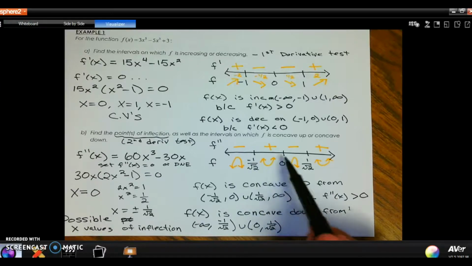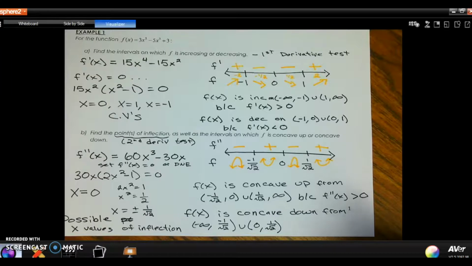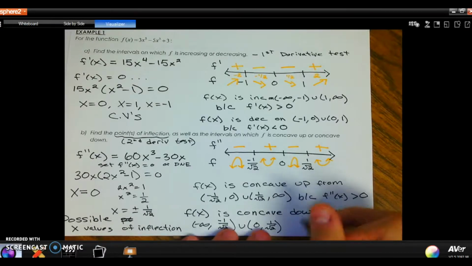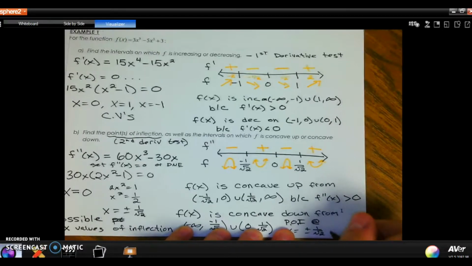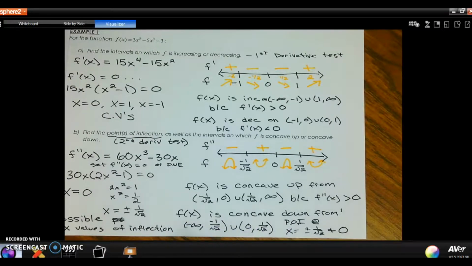Because you actually changed concavity at all of those possible points of inflection, you have points of inflection. So points of inflection, I'm going to abbreviate with POI. Points of inflection at x equals plus and minus 1 over square root of 2 and x equals 0. So because they actually all changed, those are all points of inflection, or all x values of inflection. And that is your second derivative test.